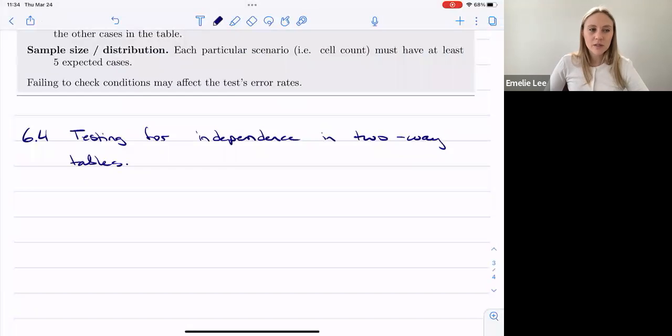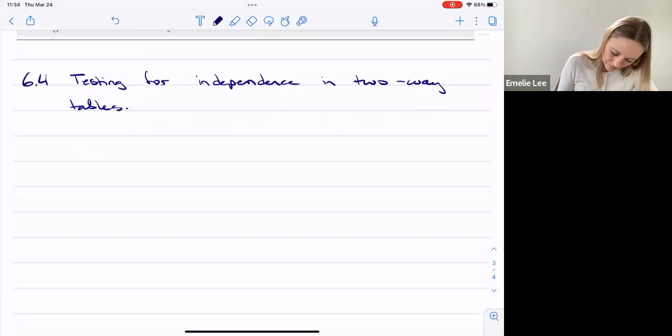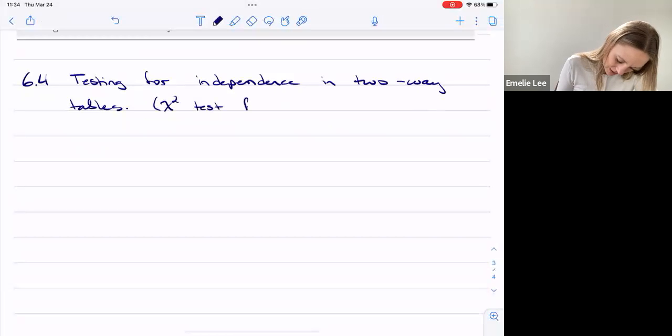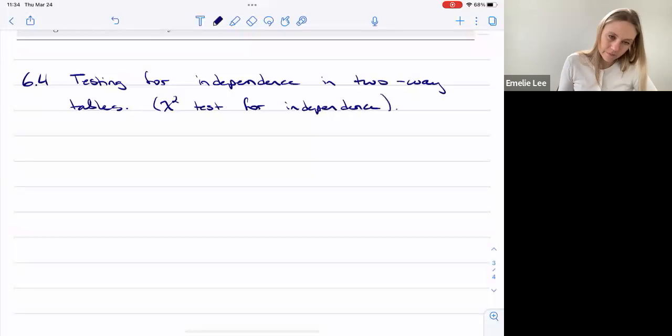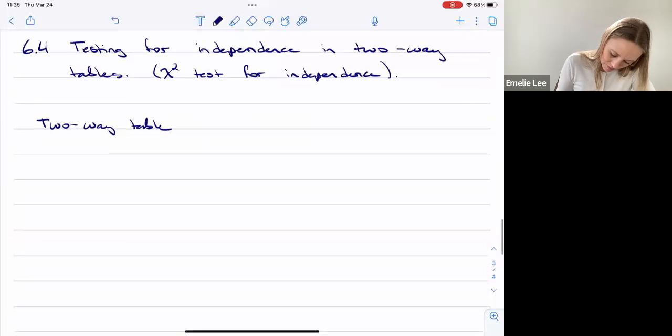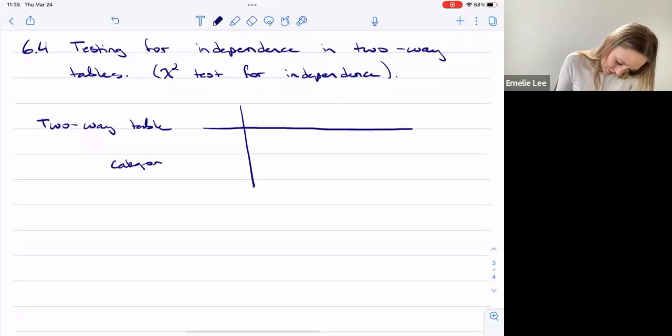So a 2-way table, let's start there. And this is a chi-squared test for independence. A 2-way table just means that you have 2 categorical variables, right? Categorical variable 1 and categorical variable 2.